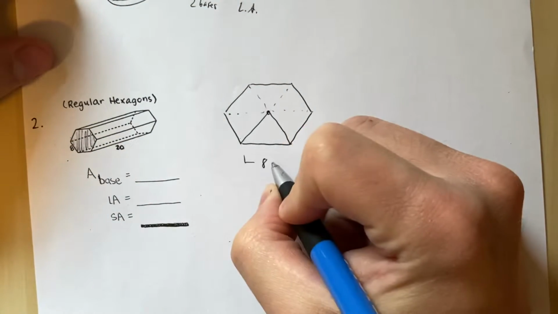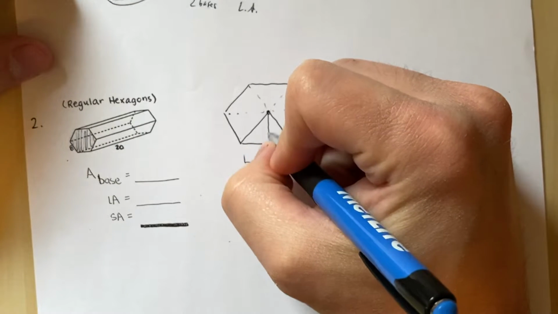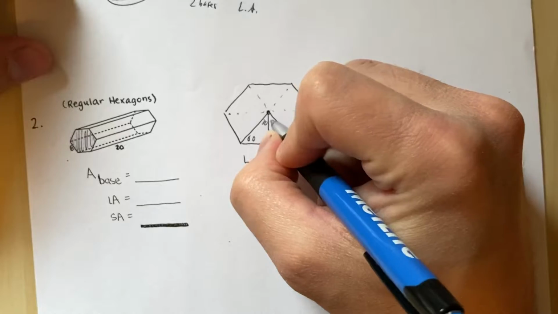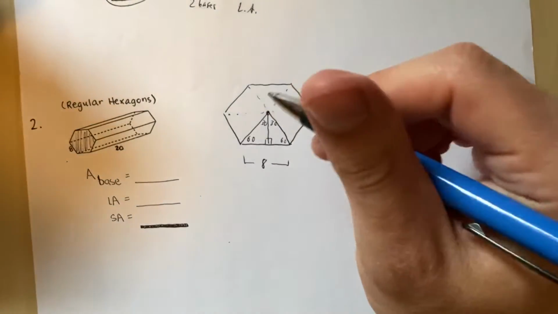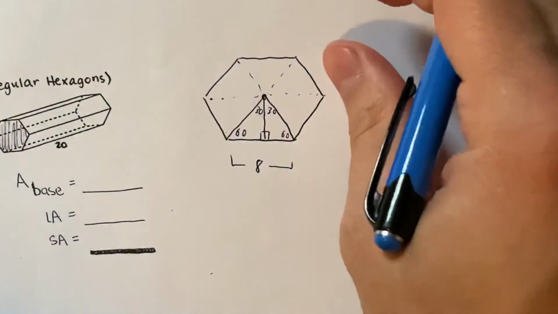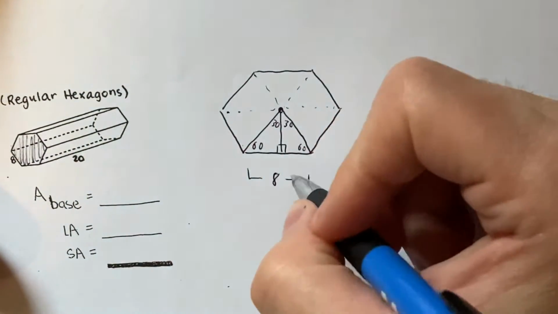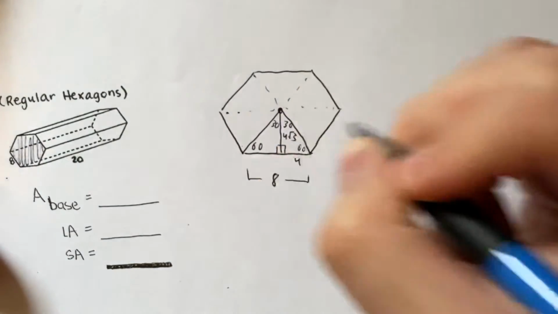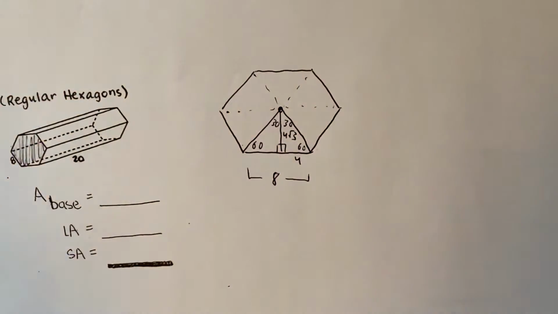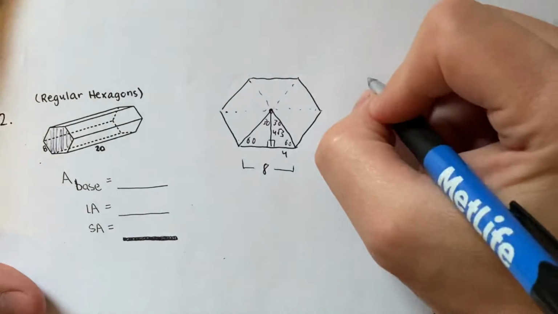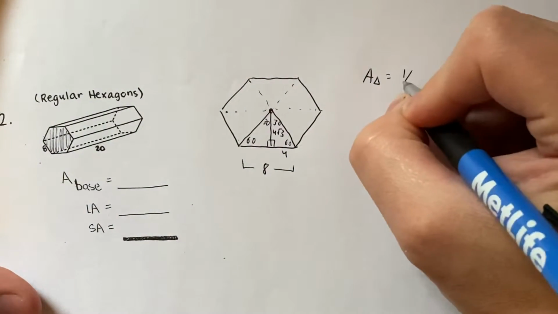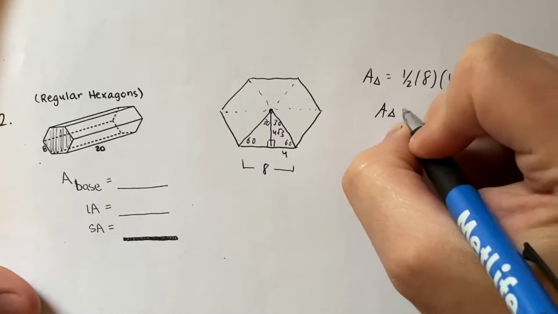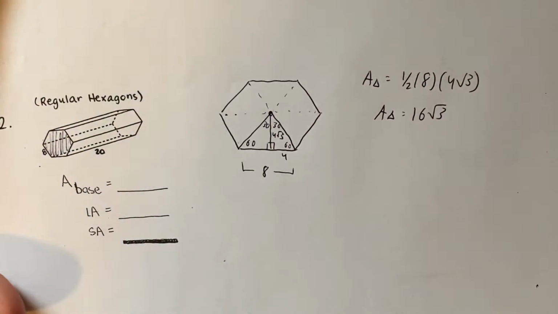So this is 8. We know that we can make these little triangles into equilateral triangles, which splits into 30, 60, 90 triangles. We've done this a few times. So this is all 8, then this is 4, and the height is 4 square root of 3. So to find the area of that little triangle I just did, it's half times base times height, and the area of the triangle is 16 square root of 3.